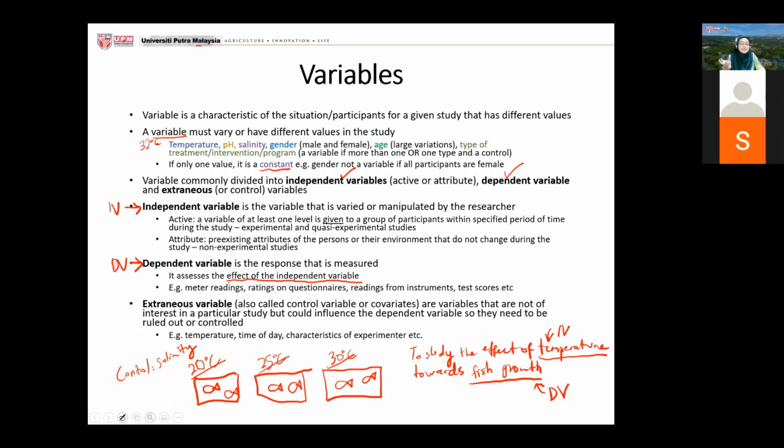But what about in a natural setting? You have no control whatsoever. You have things growing outside, exposed to the sunlight and rain, and you cannot control that. How are you going to study the links between your IV and DV?